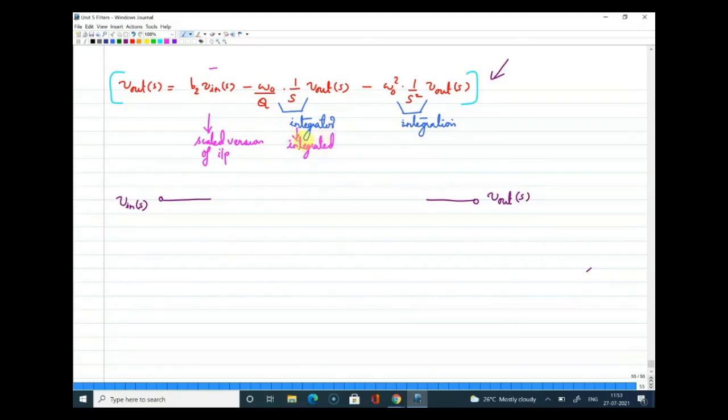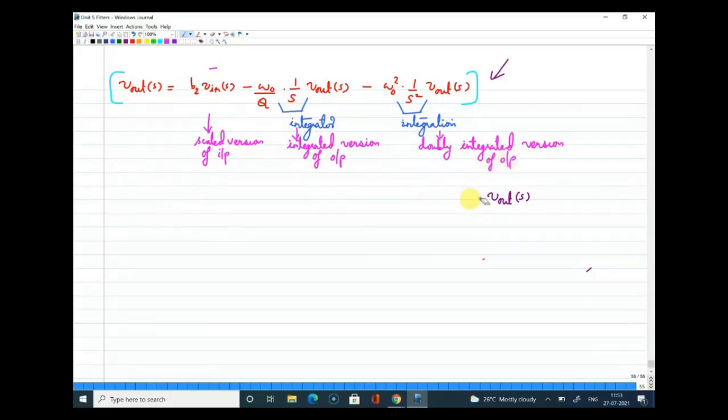That means there is 1 by S into V out of S, but there is still another factor there, omega naught by Q. Now the third term is a doubly integrated version of the output. Right. So with this understanding, I'll be drawing the signal flow graph by including all the required terms.